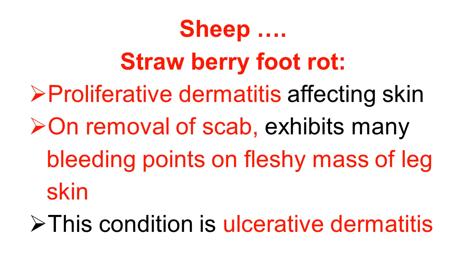This condition is ulcerative dermatitis. There are plenty of bleeding points and ulcers on the fleshy mass of the leg skin, looking like a strawberry, so it is called strawberry foot rot.